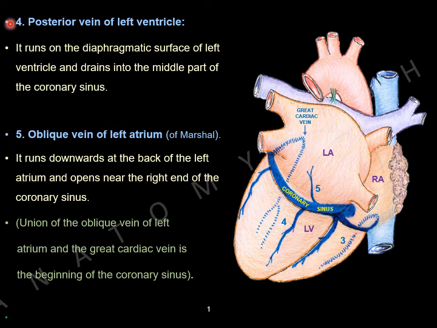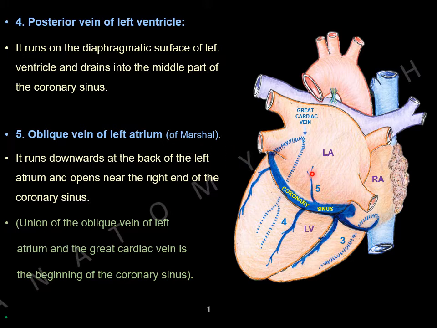Fourth tributary of the coronary sinus is posterior vein of left ventricle. It runs on the diaphragmatic surface of the left ventricle and drains into the middle part of the coronary sinus. The fifth tributary is the oblique vein of left atrium, also called oblique vein of Marshall.